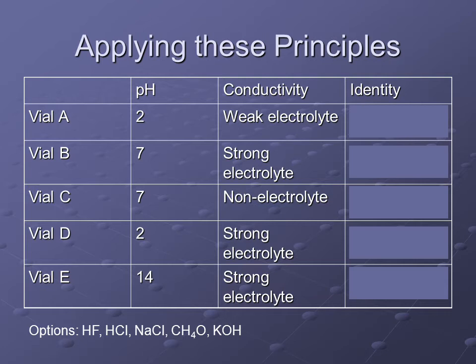And just as a reminder, the options you have to choose from are hydrofluoric acid, hydrochloric acid, sodium chloride, methanol, and potassium hydroxide. So, at this point, I suggest you pause the presentation and think about which combination of properties would be characteristic of each of the possible solutes.